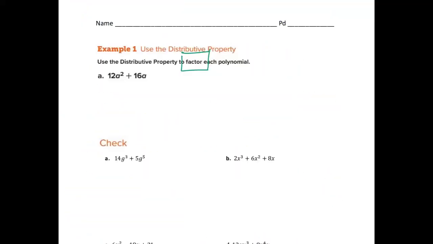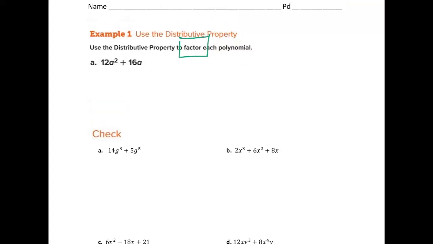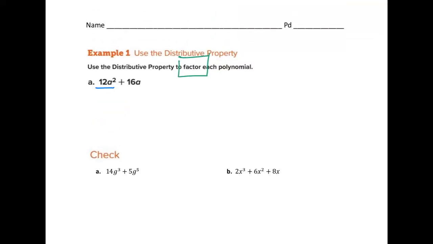And that's what they're starting with. 12a squared plus 16a. We divided both of these by 4a. And this was my GCF. Okay? That becomes your first factor when you're writing these out. That greatest common factor is your first common factor.